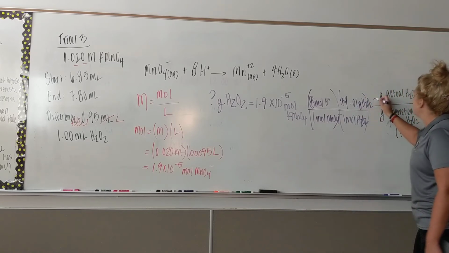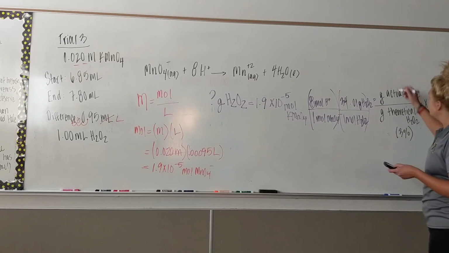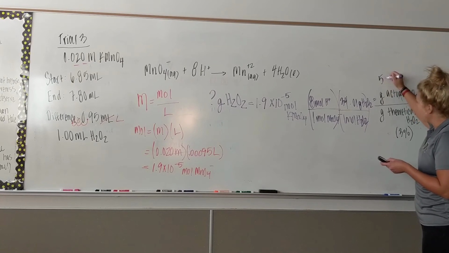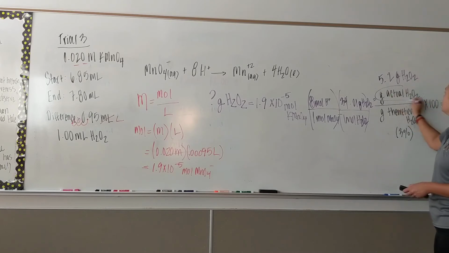Okay? So then the actual amount of H2O2 I have here is this right here, 5.2 grams of H2O2.